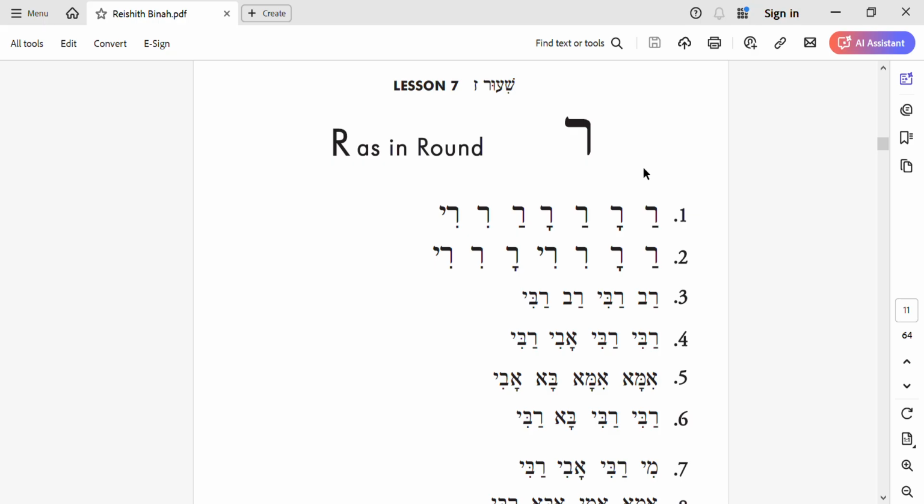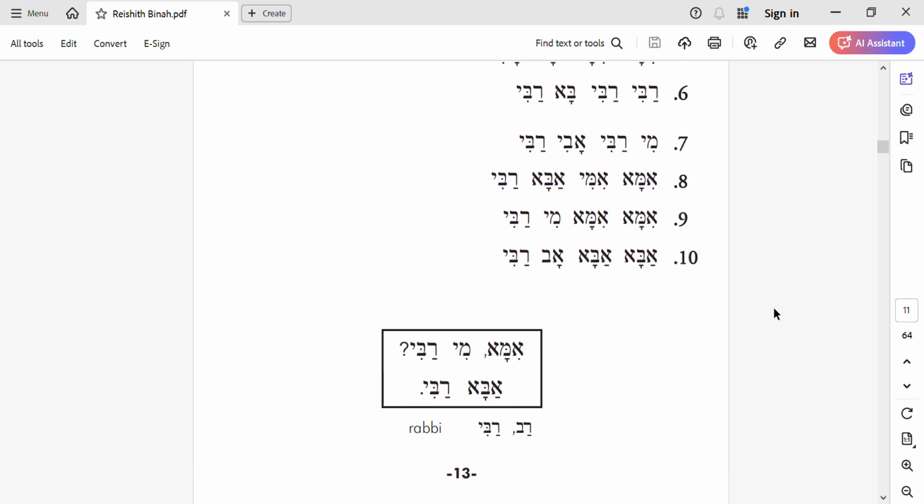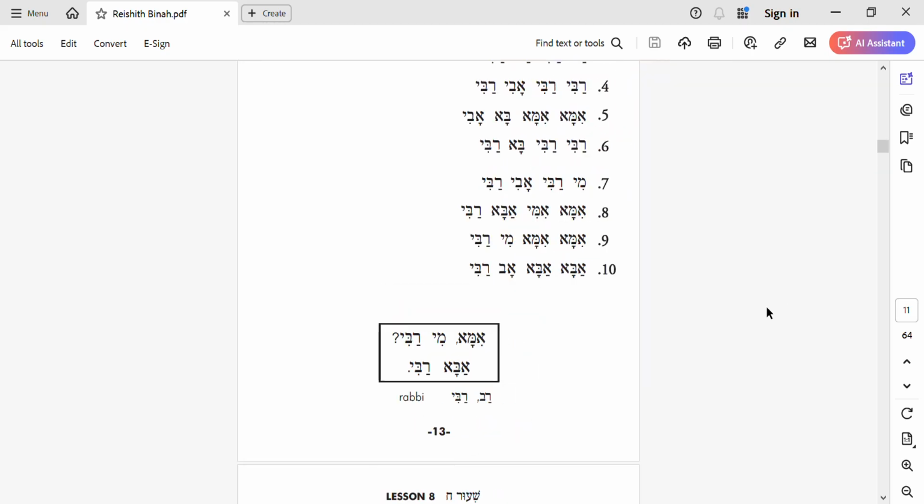So I would read it like this: ra, ra, ra, ra, ra, ri, ri. Okay? And then you can craft some new words as well. Number 3, rav, rabbi. You can guess what it is. Rav is rabbi. Very useful word, I suppose.